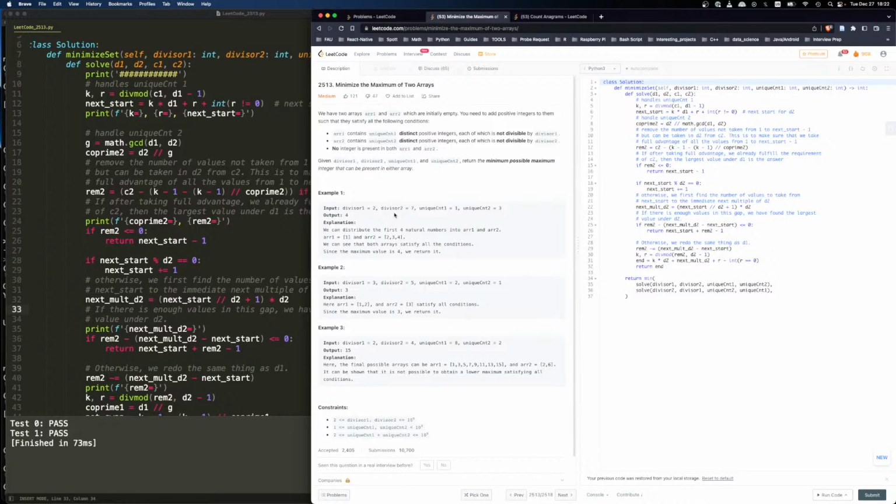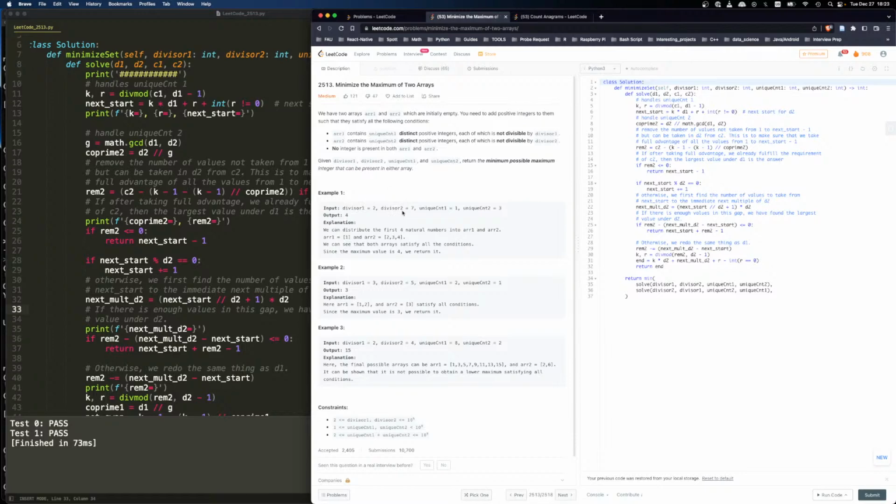If we set a higher bound, we don't know what it is, but it can be however high you want. Within this bound, we count how many values cannot be taken: multiples of divisor 1 plus multiples of divisor 2 minus the multiples of both.